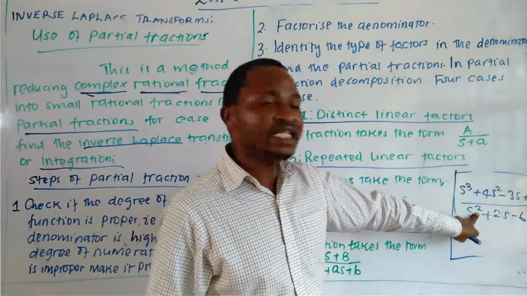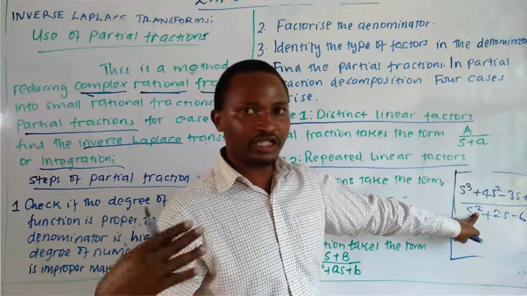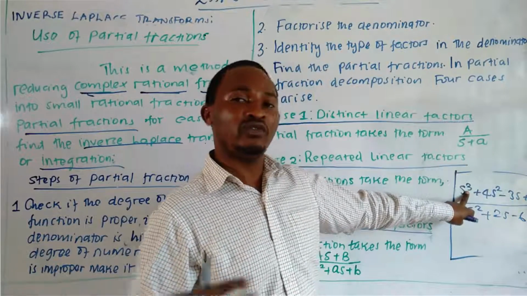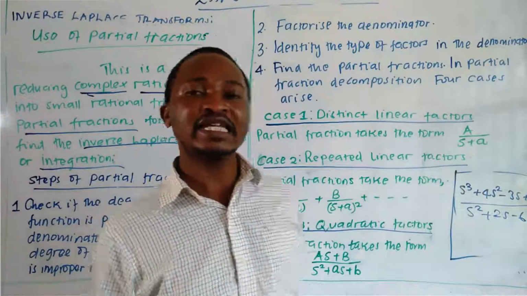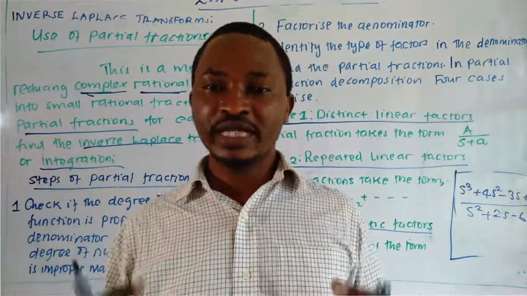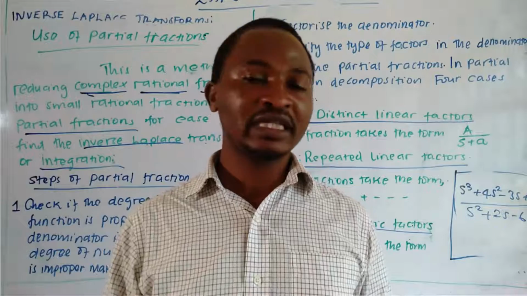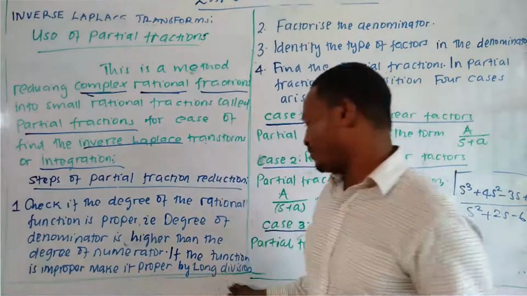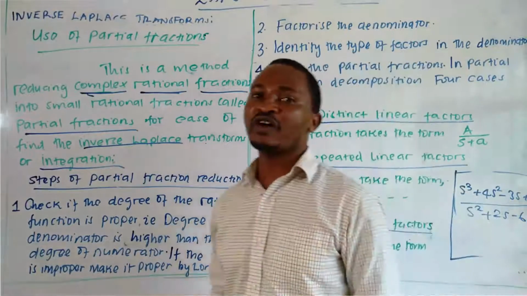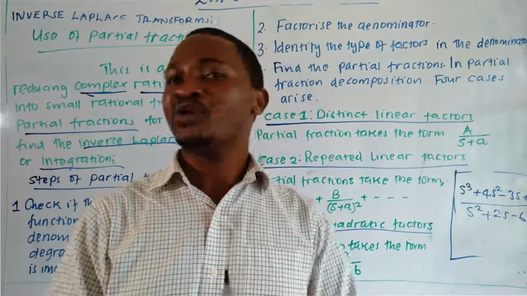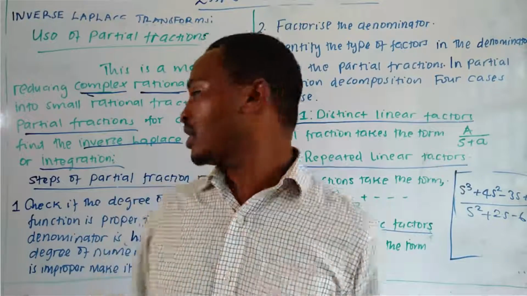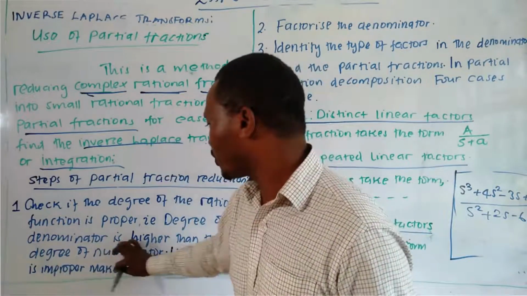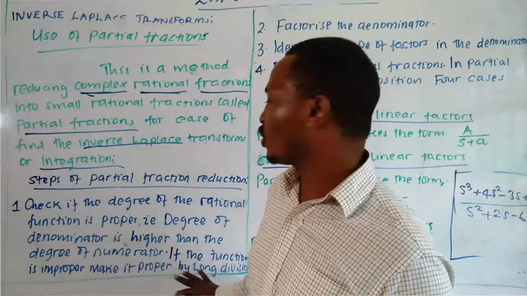Here, the degree of the denominator is less than the degree of the numerator. In that case, the rational function is improper, and we have to make it proper by applying the long division method. Fortunately, for most of our questions in the exam, you will never encounter a situation where the function is improper. We don't have to bother knowing how to use the long division method.